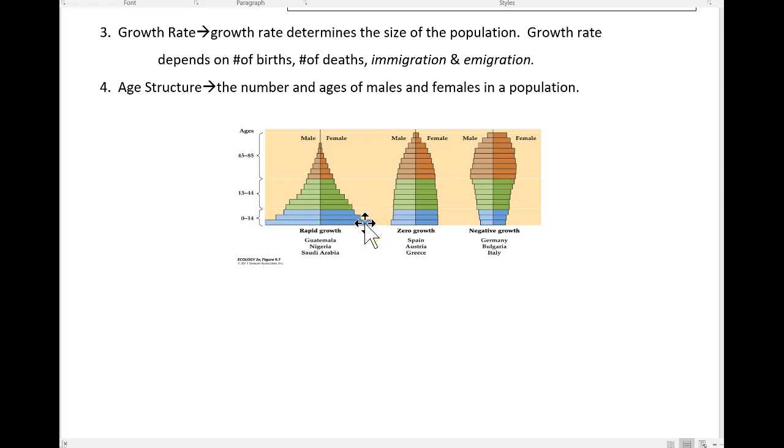There's going to be a lot of children born in this country, and they survive well into their 50s and 60s, but then we see a sharp decline where there's not many living at the age of 85. So high birth rates, and they don't live very long.